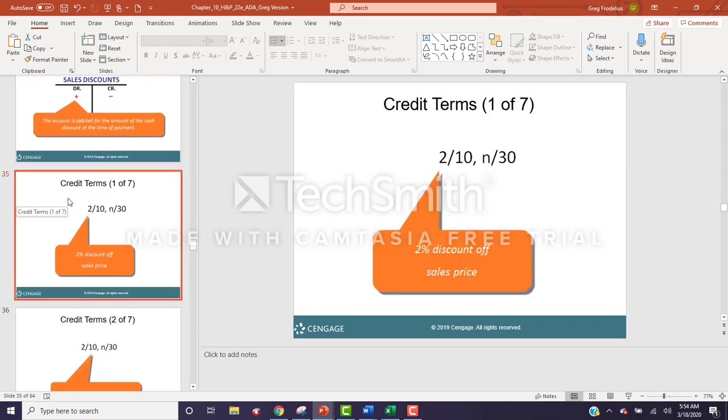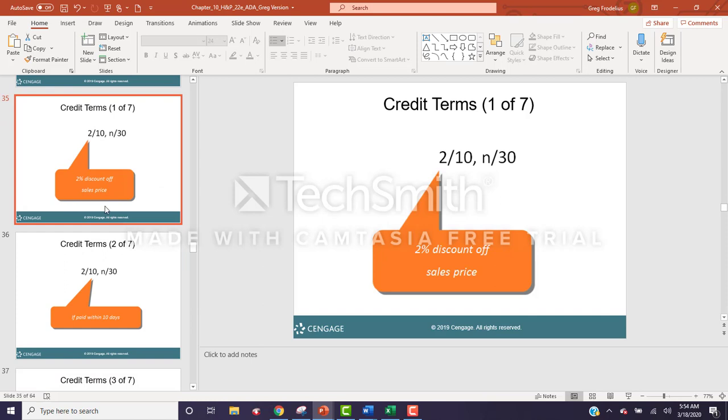Let's talk about credit terms. We will see these in QuickBooks, but you should be familiar with credit terms, and you may be familiar with them in any given business. A lot of businesses use these credit terms. Some may not, depending on whether you're extending credit or not. In this case, it looks like 2/10, net 30, which means you're going to get a 2% discount if you pay within the next 10 days.